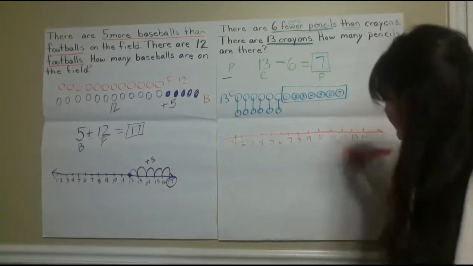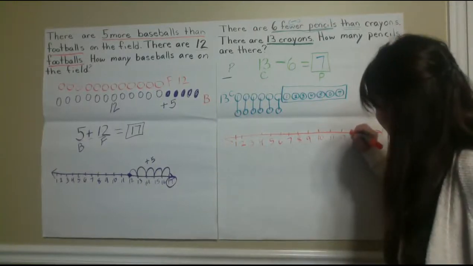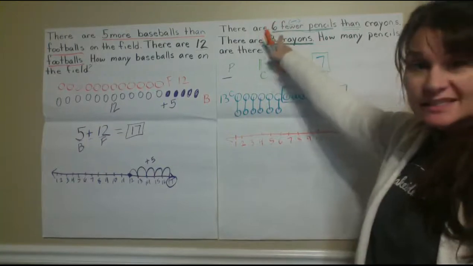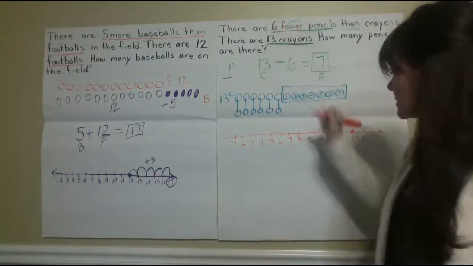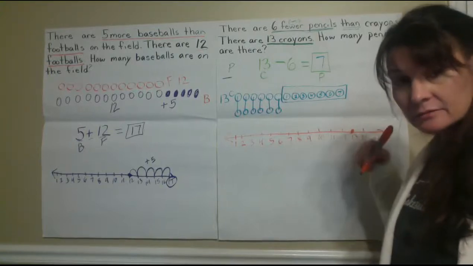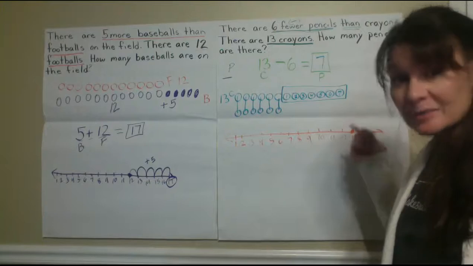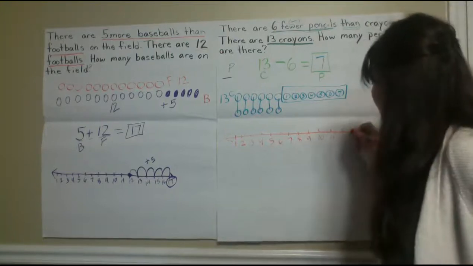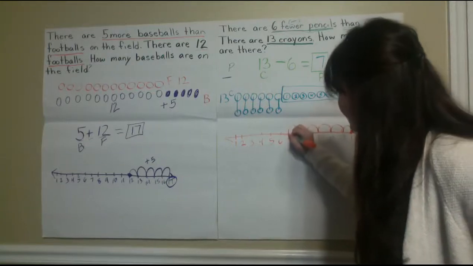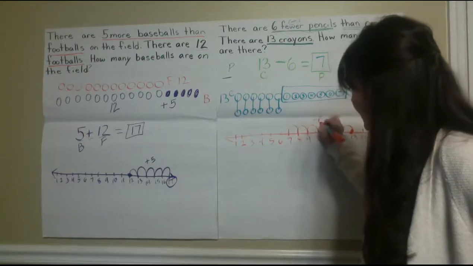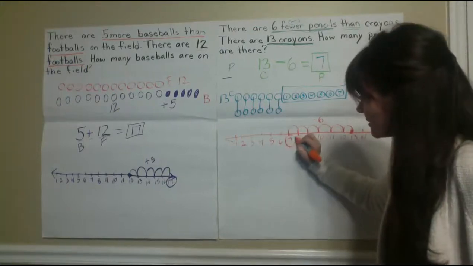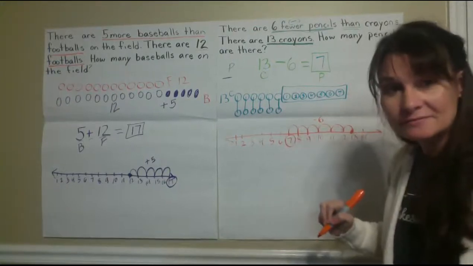That's right, I had 13. And pencils had 6 fewer. So am I going to go forward or am I going to count back? I'm going to count back. So 1, 2, 3, 4, 5, 6. So I minus 6, and that gave me my number, which was 7.